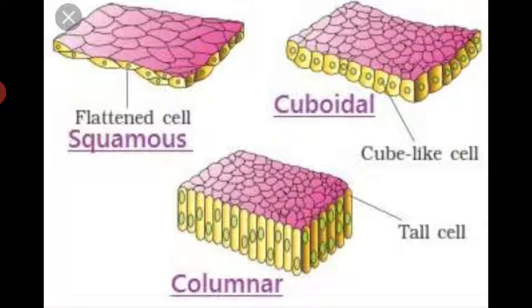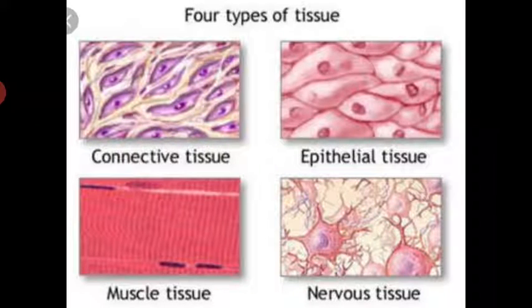Now the second kind of tissue is connective tissue. As the name implies, connective tissues are specialized for connecting the various tissues and organs together.